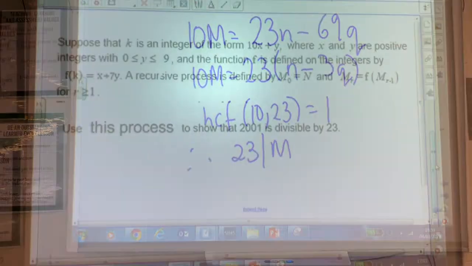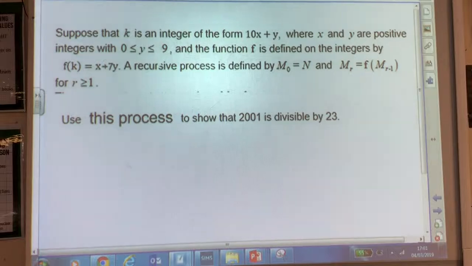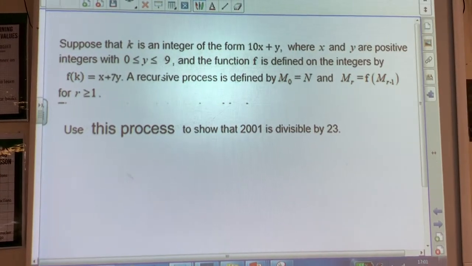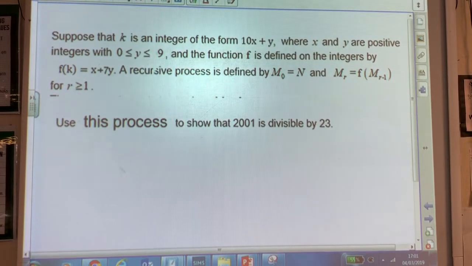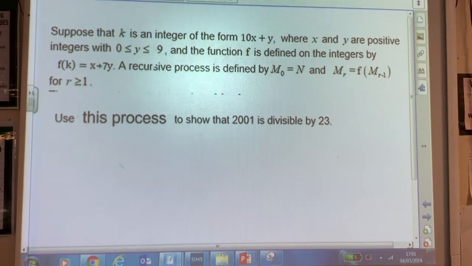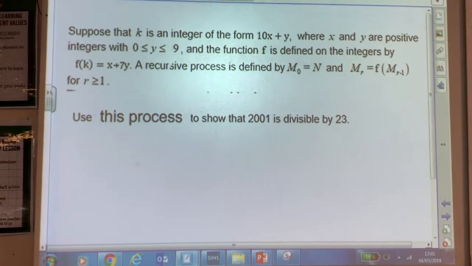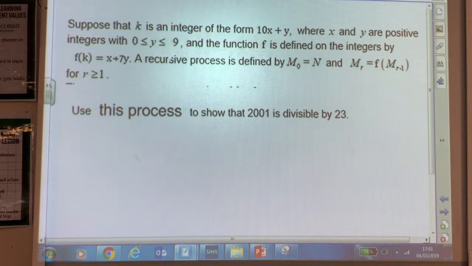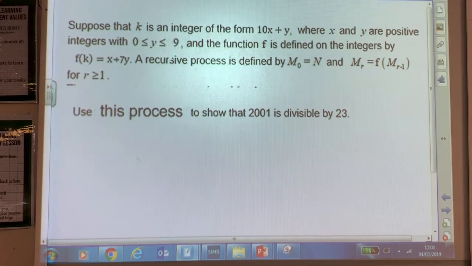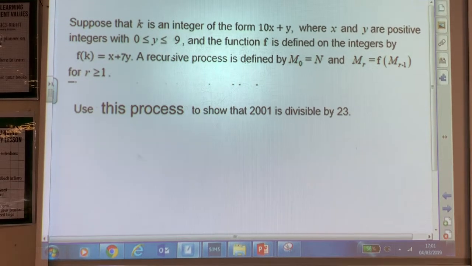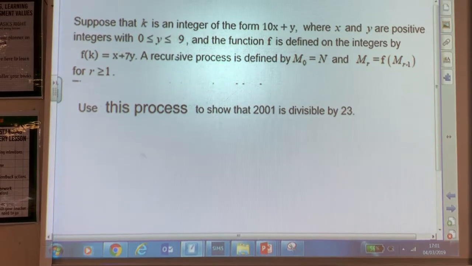Stop. Right, so the second part of the question. Again, it's setting up this kind of iterative process, well, I call it recursive process, where you have shown that numbers written in a certain form are divisible by 23. So all you're going to do is exactly the same thing again.